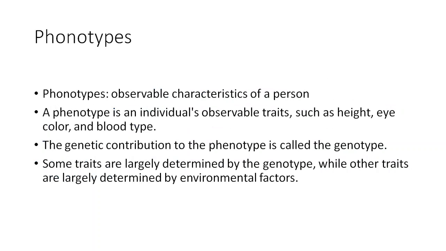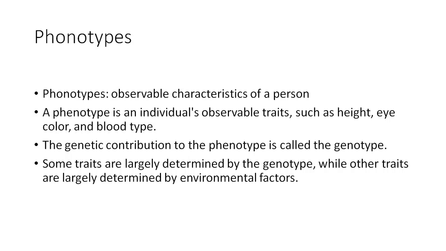Phenotypes are the observable characteristics of a person. A phenotype is an individual's observable traits such as height, eye color, and blood type. The genetic contribution to the phenotype is called the genotype.